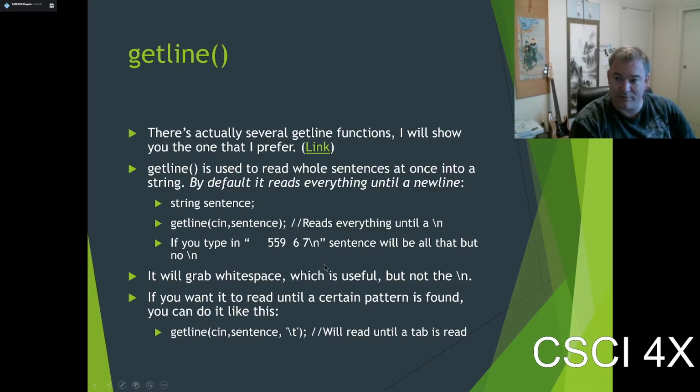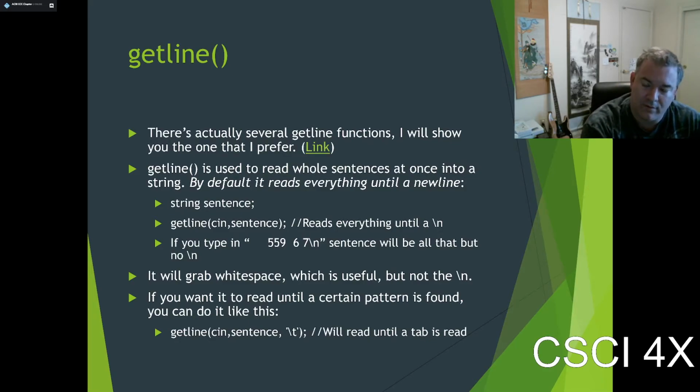And this is the source of conflict between double right arrow and getLine, is because cin leaves the new line after a read, getLine discards it. And so if you do a cin followed by a getLine, and all there is in there is a new line in the input buffer, getLine's like empty string, there you go. And that confuses the hell out of students. Okay.